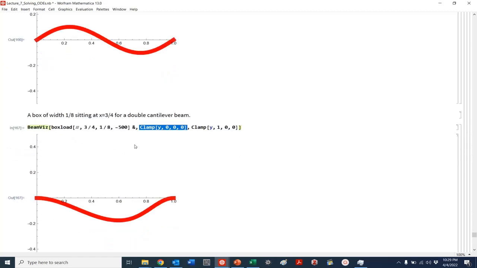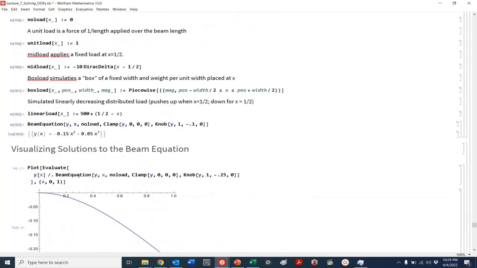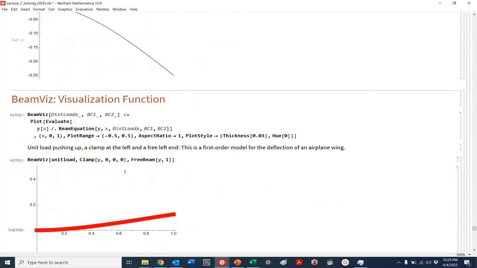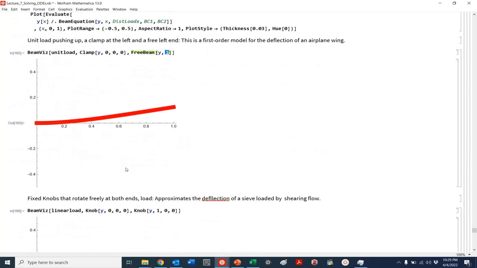So clamp on the Y at x equals 0. Remember, go back to your clamp function: I'm setting my position to be 0 and my slope to be 0. So I'm clamping it in the Y and then varying that function. Clamp, clamp, free beam on the other axis here.